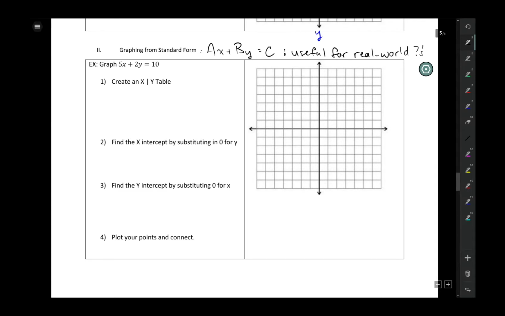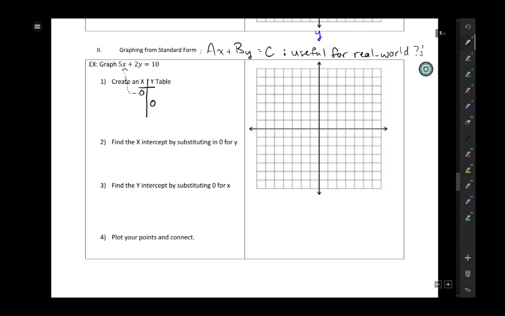Okay, so the first way I like to do these is to create an XY table. So you're actually going to create an XY table, and you're going to make it look like this here, 0 and 0. What we do with these zeros is we substitute those in for the different points.